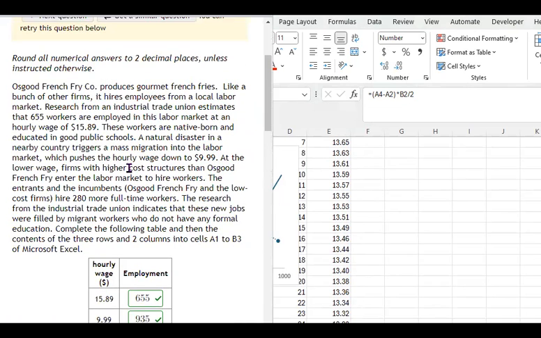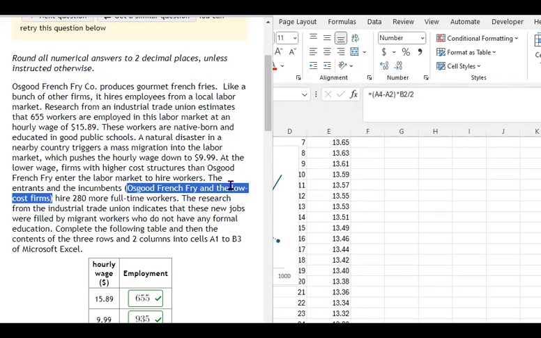The workers are educated in good public schools, and they were born in the country. They're native born, and they were educated in good public schools. That's the workers. Now, who are the firms? The firms are Osgood French Fry Company and other low-cost firms.